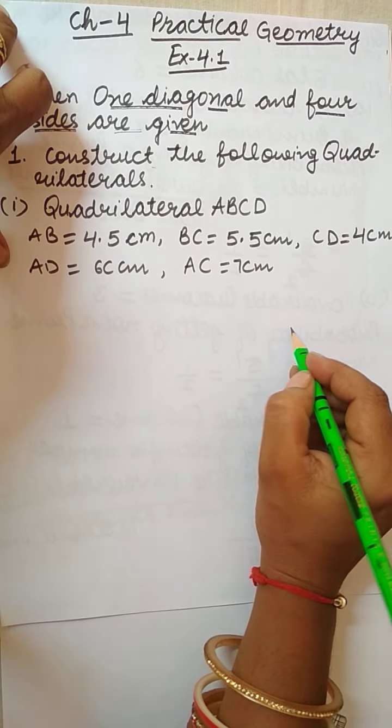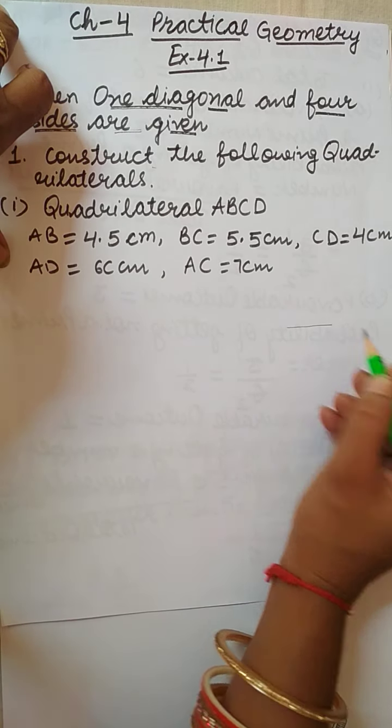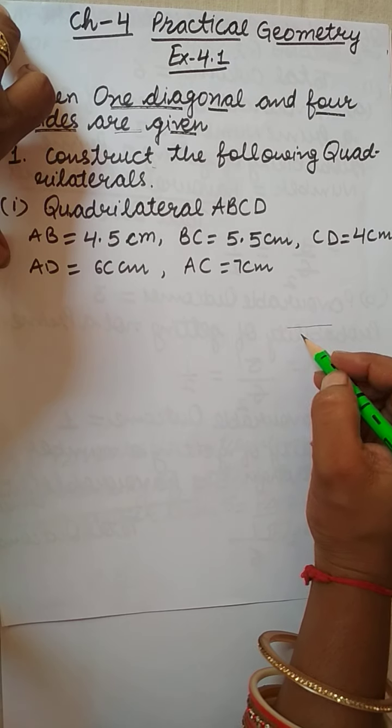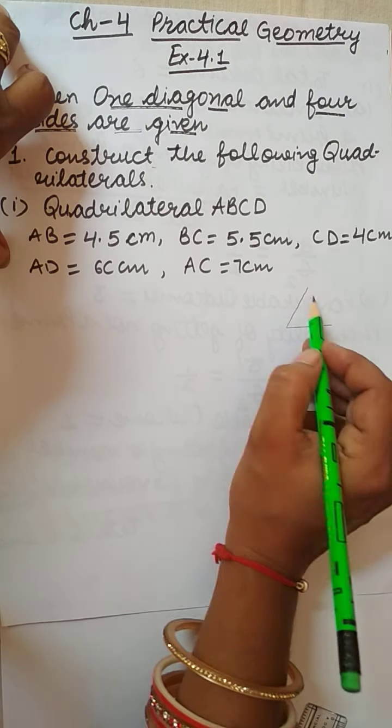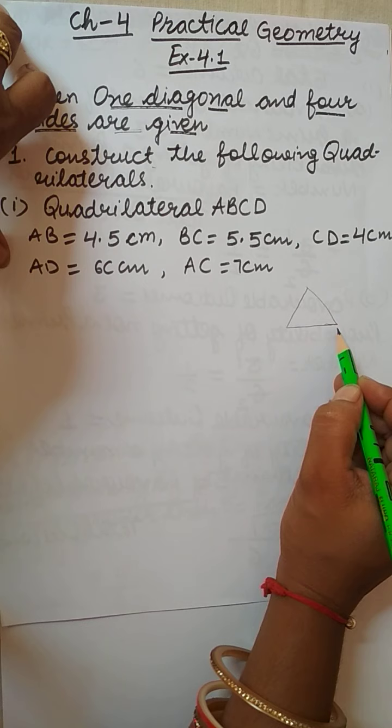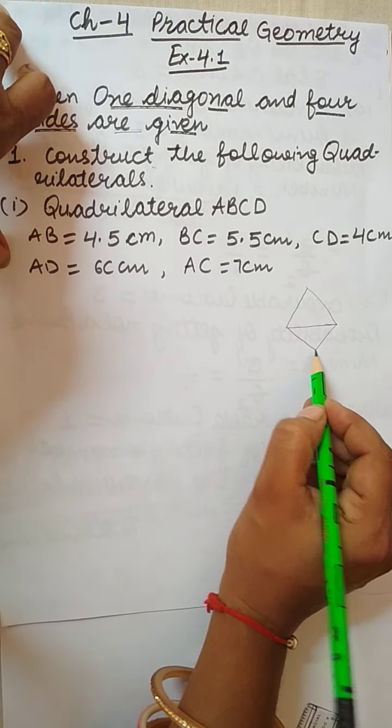Now I will here draw the rough diagram for this quadrilateral, and after that we will construct this. I am just drawing here the rough sketch, and this quadrilateral will look like this.